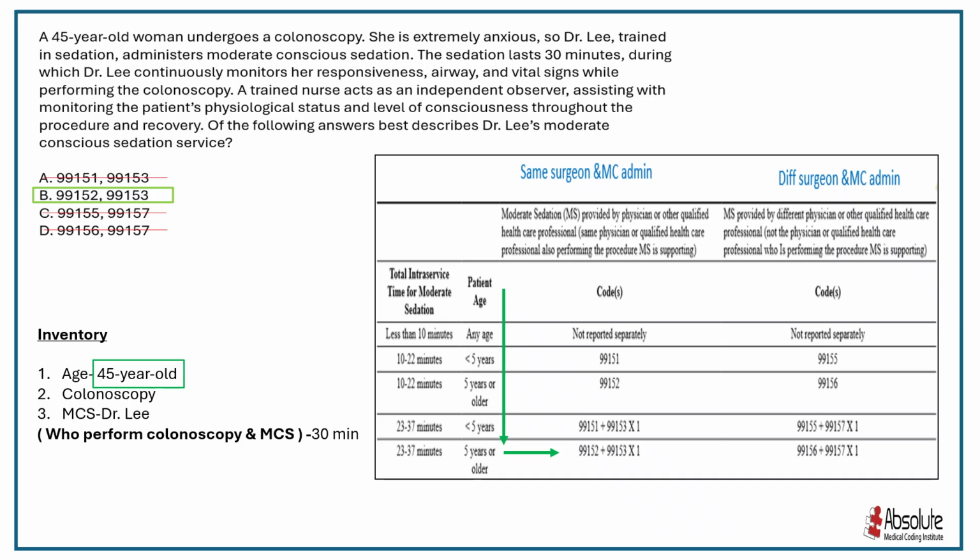And next, you can pick the correct code by checking whether the moderate sedation was given by the same physician who also performed the procedure or not, right? So here in our scenario, both was given by the same person, and the correct code would be 99152 and 99153. So yes, it is also pretty easy to pick the correct answer using this table. Fantastic job, coders.